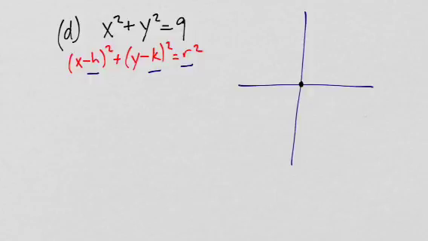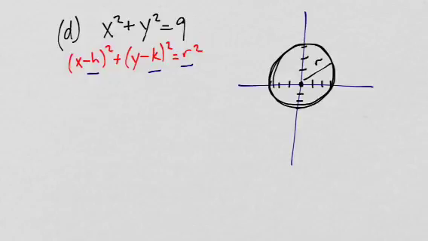The radius is going to be, well, r squared equals 9, so the radius equals 3, because 3 squared equals 9. So we're just going to go out 3 spaces in every direction that I can count easily, and then we'll draw my circle. Alright, not a great circle, but you get the idea. So there's a circle, has a radius of 3, and that's it.